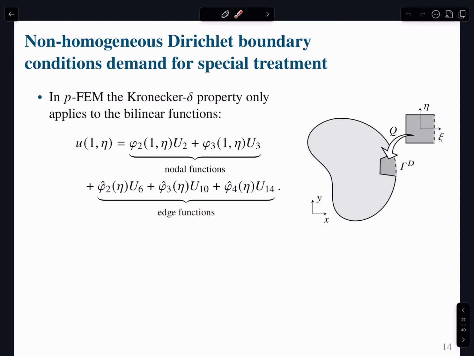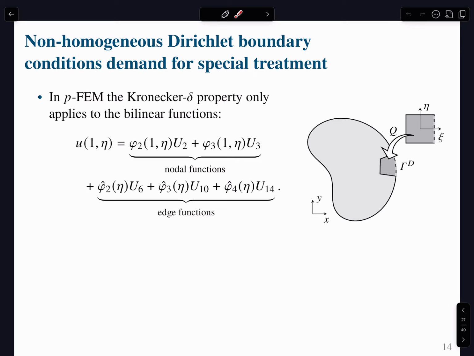All right, let's move on to p-FEM, and let's look at what happens along that edge, right? Along this edge here, obviously we have our linear functions. The function that is associated with that node is a linear function, the same as this one, right? And then we have all sorts of nonlinear functions that are edge functions.